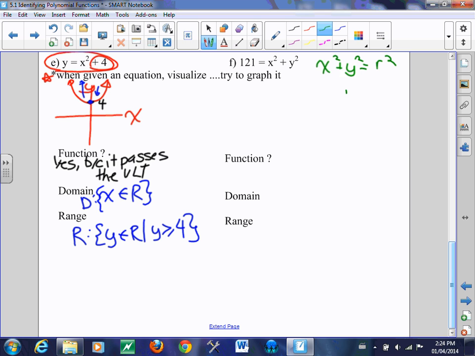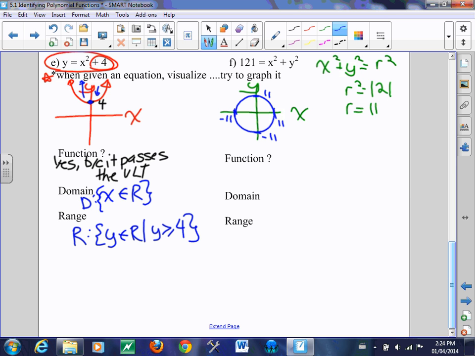So what do we know? r squared equals 121. r represents the radius, so to find the radius, take the square root, and the square root equals 11. So when we draw our circle, centered around the origin, we notice that we've got 11 for our maximum and -11 for our minimum.